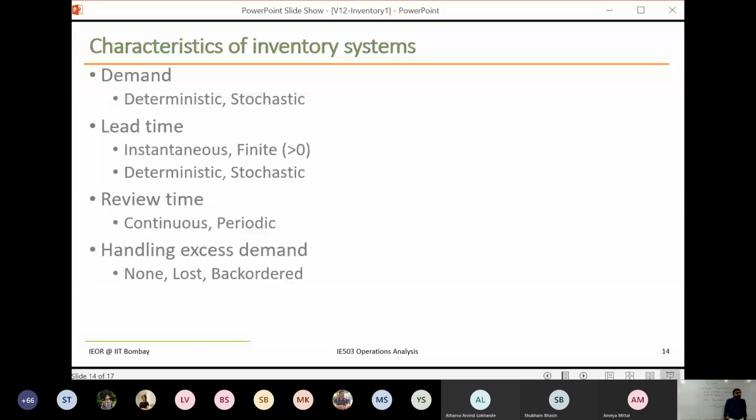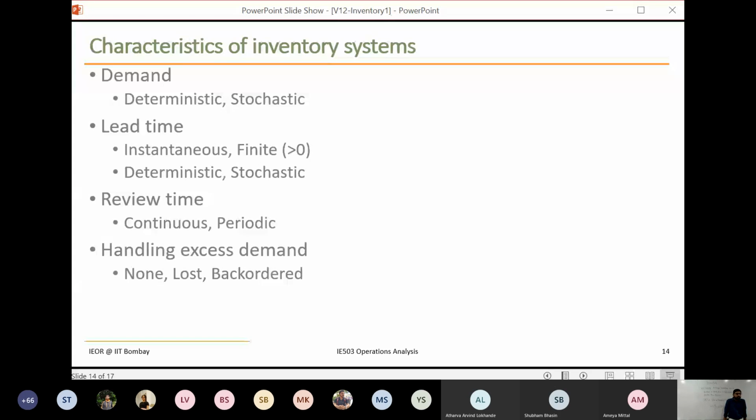The next assumption that we use to characterize is how we are handling excess demand. Excess demand is, I have inventory of say 100 units. Suppose I have an order of 110. What happens to this extra 10? You went to the shop and you want to buy 10 milk packets. The shopkeeper had only 5 milk packets, so you got the 5. But what happens to the remaining 5 from the shopkeeper's perspective?